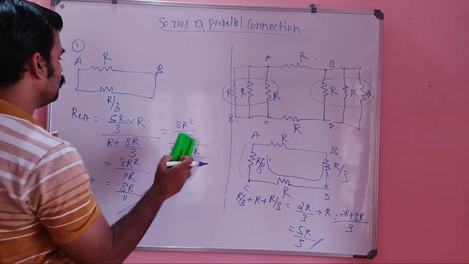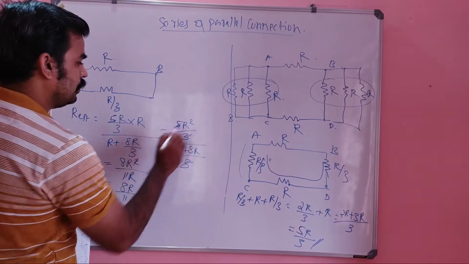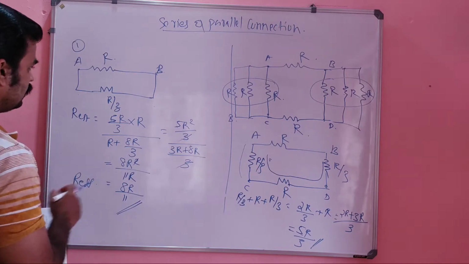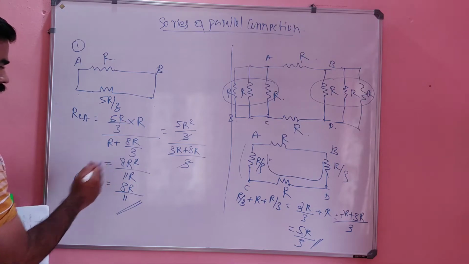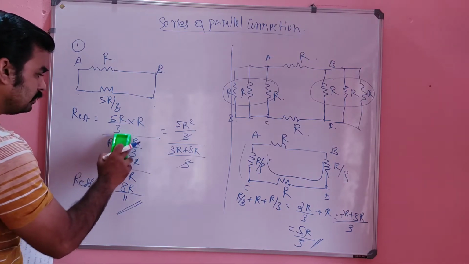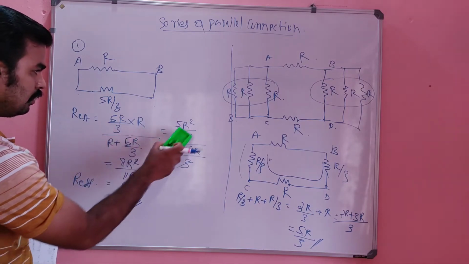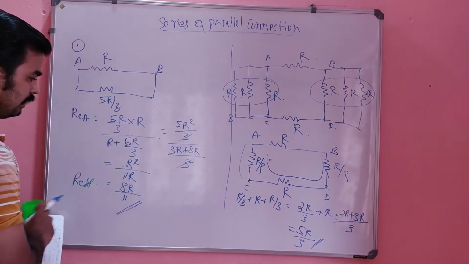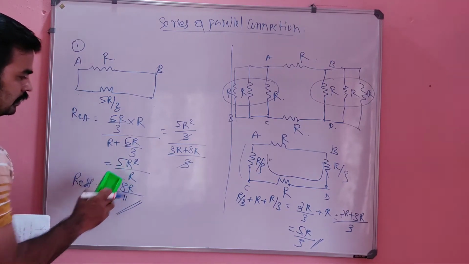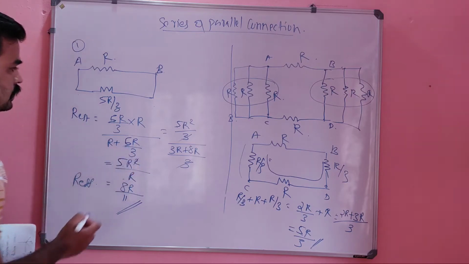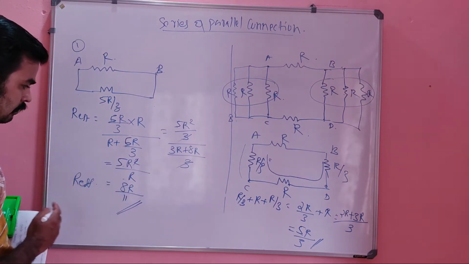So the resultant will be what? 5R square, no change in that, divided by R plus 5R by 3. So it will be 5R square, no change there, and it will be 3R plus 5R, which will be equal to 8R, right?